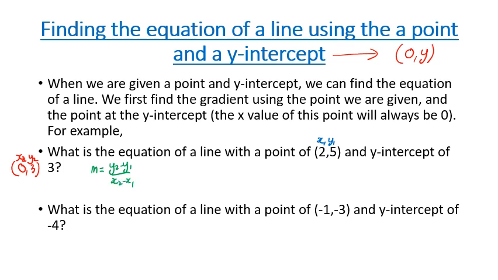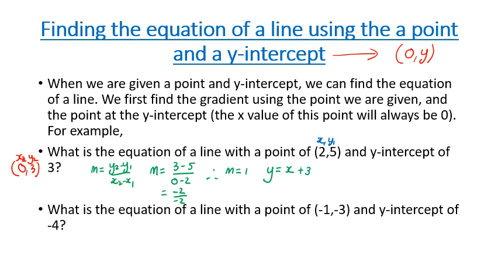So I could use those 2 points to work out my gradient. My gradient therefore would be 3 take 5 over 0 take 2, which would essentially be negative 2 over negative 2. Therefore my gradient would be 1, and therefore I would say y equals x plus 3.